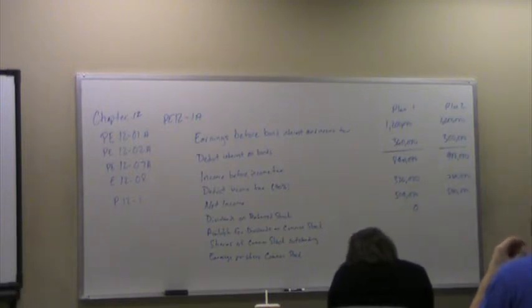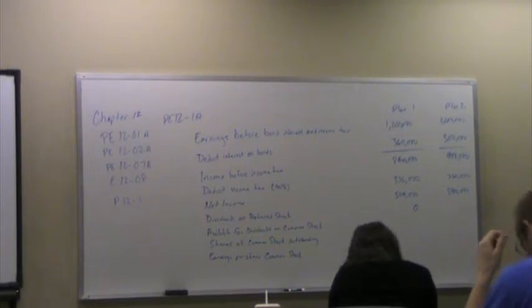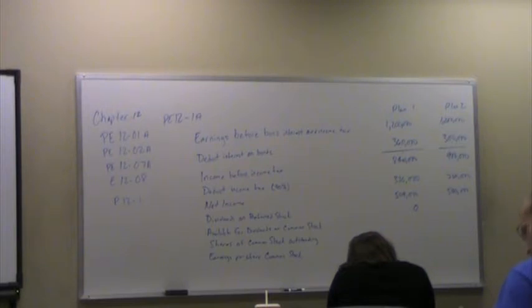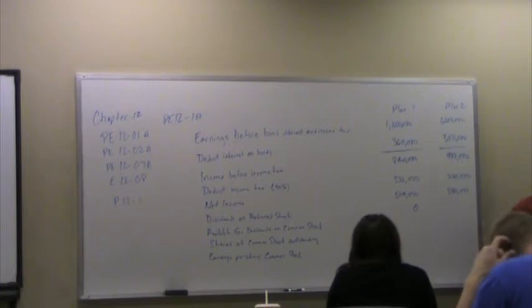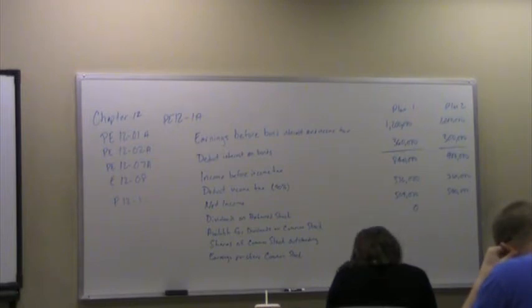So looking at your example there, we issue preferred $3 stock at $30 par, and we have $3 million as what we're paying out.